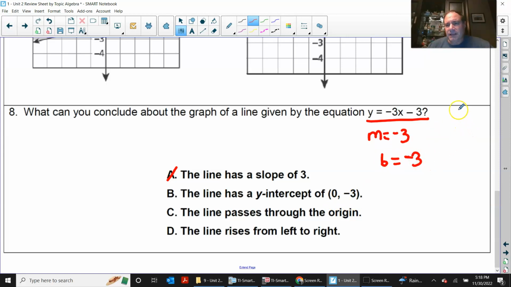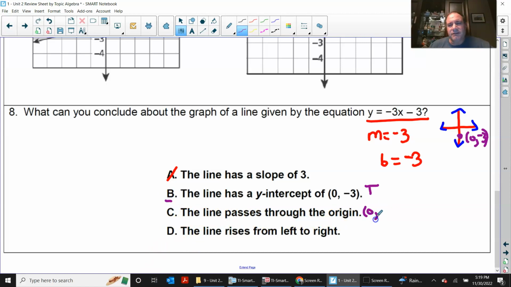And negative 3 on the coordinate plane, that's like a little sketch here. I'm famous for my sketches. I don't know if you know that. Negative 3 right here, right? So that is 0, negative 3. That's the y-intercept. So this is true, but I'm going to pass it right now, so that could be the answer.